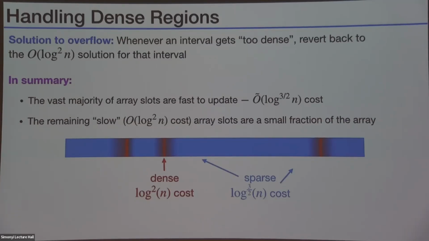What exactly does it mean to revert? I mean, aren't you doing the same thing just with different thresholds? Exactly, yes. So what exactly are you doing? Are you changing the threshold for the future in this interval or for now? Yeah, I'm changing it for now, and if it becomes sparse again, then I'll go back to the old version.